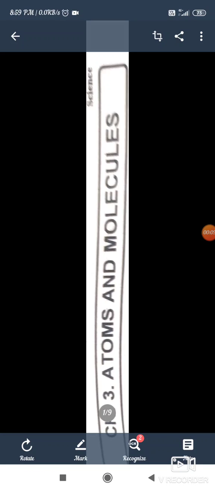Ancient Indian and Greek philosophers have always wondered about the unknown and unseen form of matter. An Indian philosopher, Maharishi Kanada, postulated that if we go on dividing matter, we shall get smaller and smaller particles.